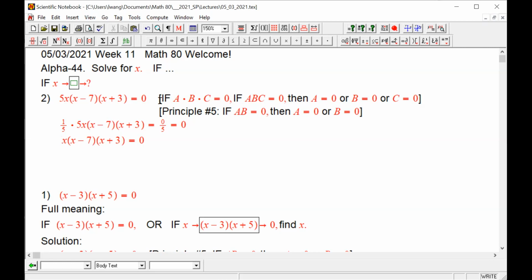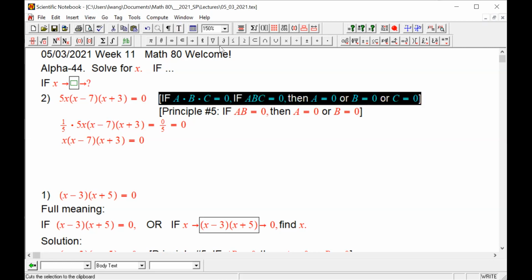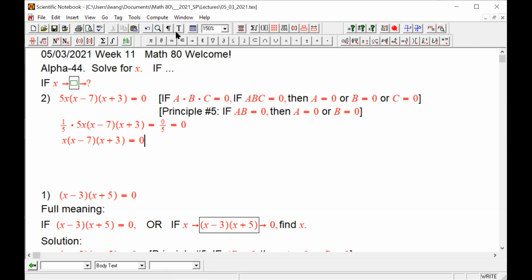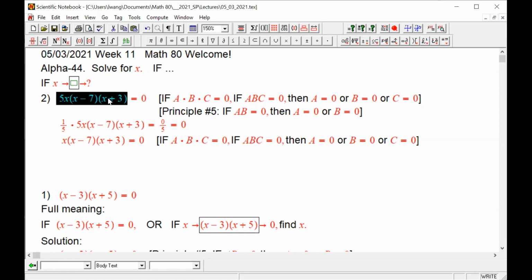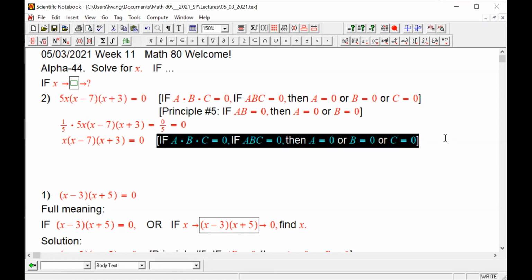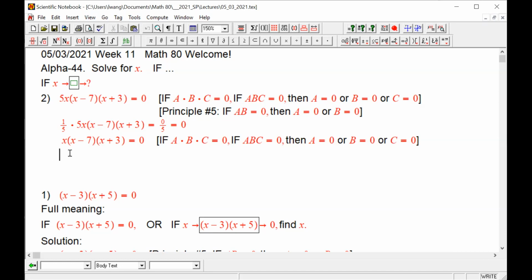So this will be the form of the product of 3 numbers. With the understanding of the extension of principle number 5, you can just set up the equations. So x equals 0, or x minus 7 equals 0, or x plus 3 equals 0.